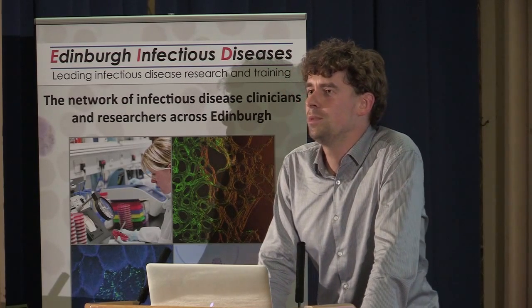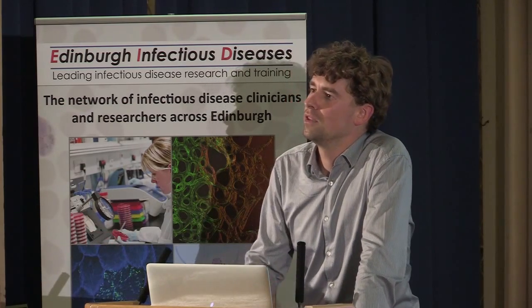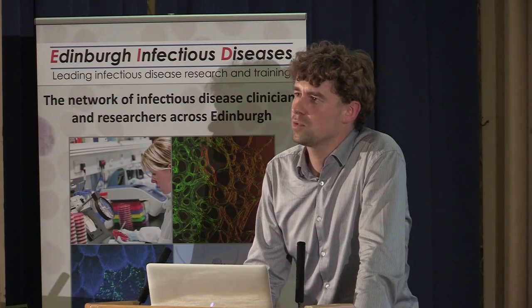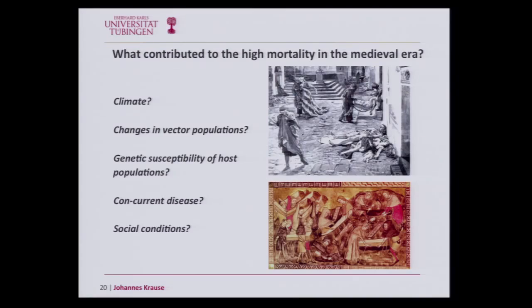It could be changes in the vector population. So it could be that it wasn't the same rats or the same fleas transmitting the disease in the 14th century compared to the 19th century. And that we actually do know. We know that during the 14th century, the rodent that was transmitting the disease was the black rat. I don't know if you still have black rats in Scotland.